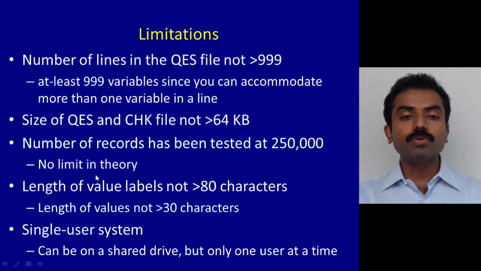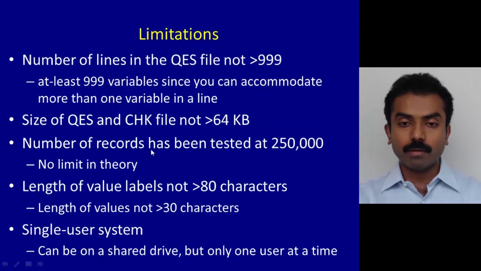In theory, there is no limit to the number of records in EpiData, but the number of records has been tested at 250,000. So, if you have very large datasets like a census or something, then certainly EpiData is not the right tool. There you have to go for more sophisticated databases, including an open access one, which is called CSPro. And there are some restrictions to the length of values and value labels.